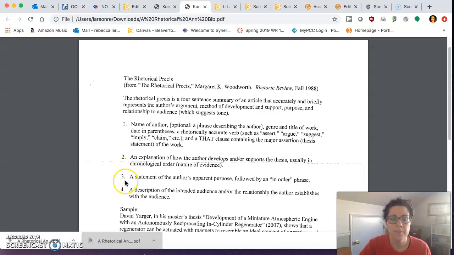And then your third sentence is going to be a statement of the author's purpose. What was the goal of the author in writing this? So a peer-reviewed journal, I think, is the easiest because you know in this journal that they are writing to other people, typically in their research area, but they're also writing to the academic world.